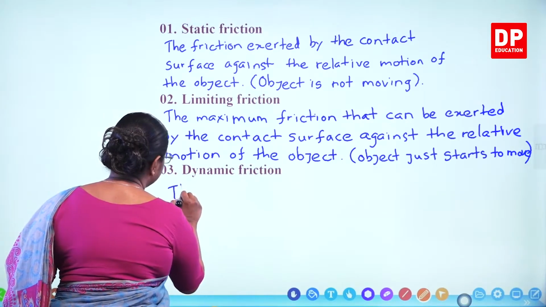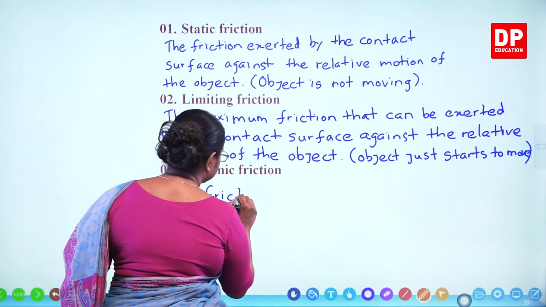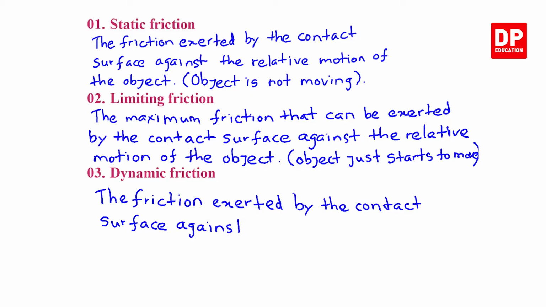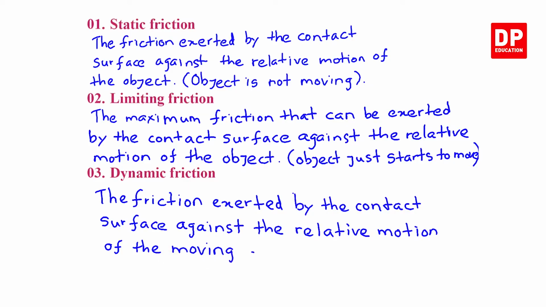So here the friction exerted by the contact surface against the relative motion of the moving object.